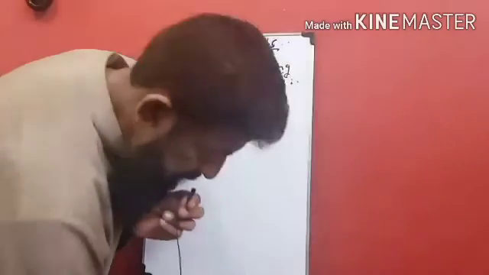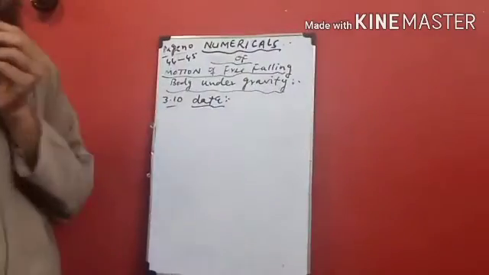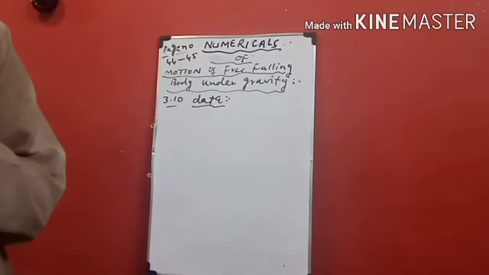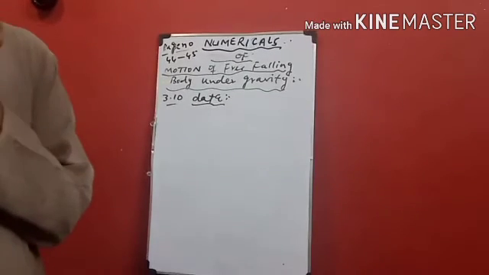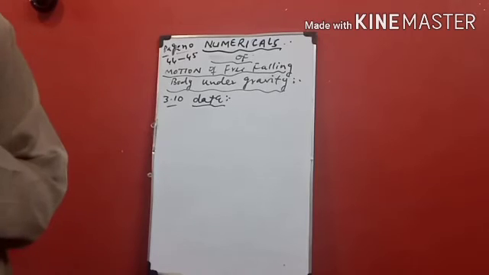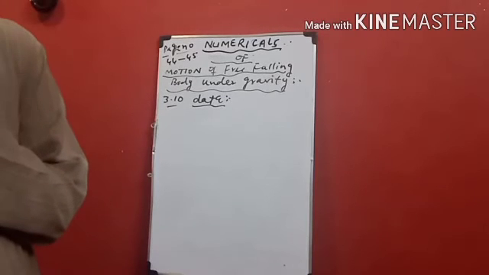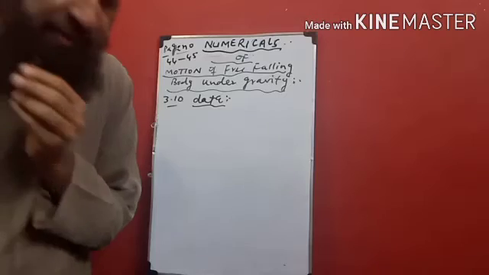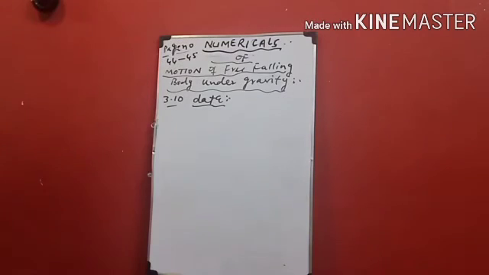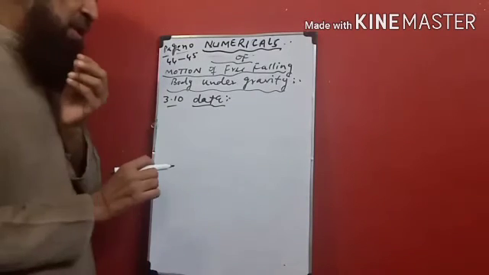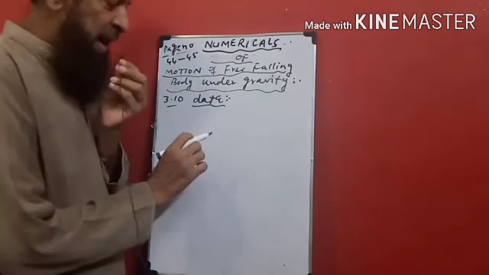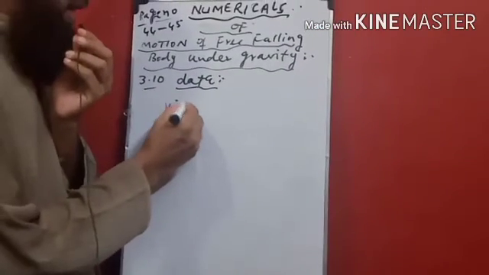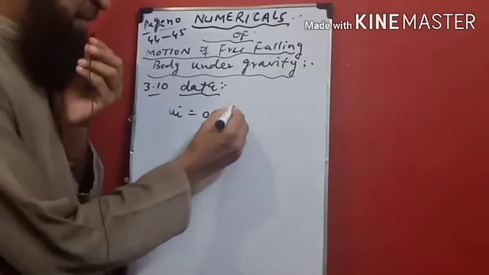In problem number 3.10, a stone is dropped from the top of a tower. It takes 5 seconds to reach the ground. Calculate the height of the tower. When a body falls from a height, the initial velocity is always 0 meter per second.